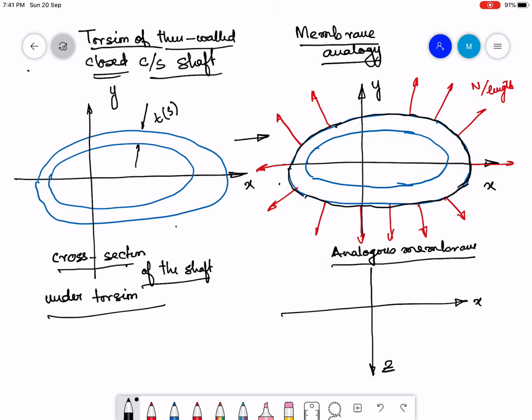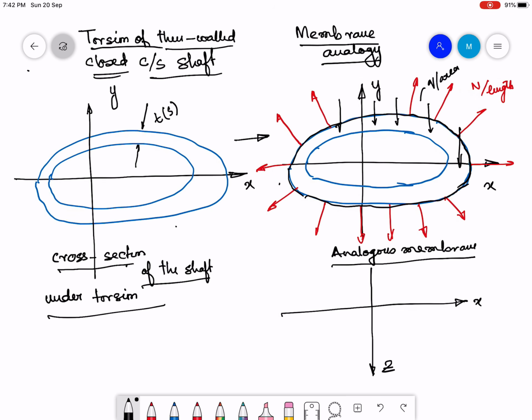The third criteria is that an in-plane tensile force N per unit length is acting on the outer edge of the membrane. The fourth criteria is that a uniform pressure Q per unit area is acting all over the membrane.